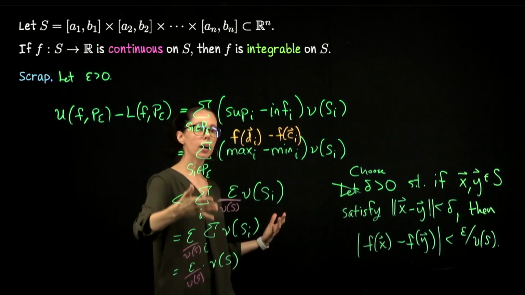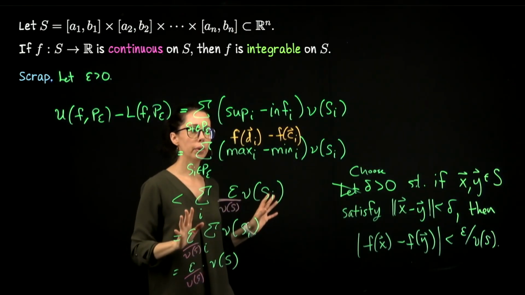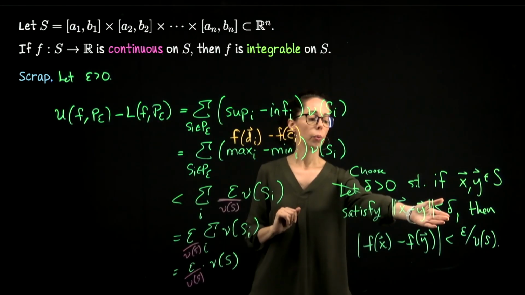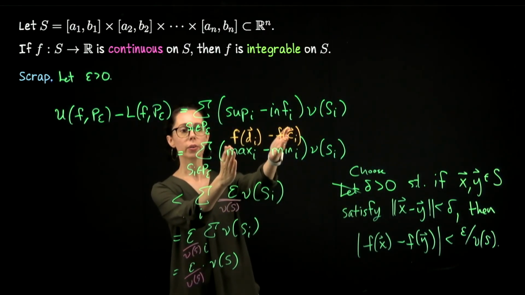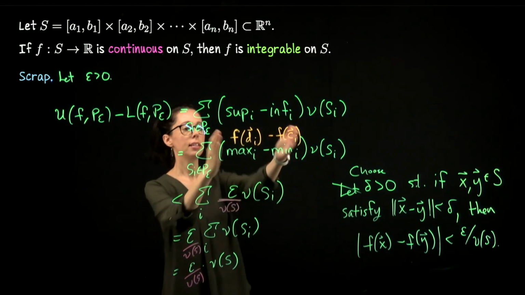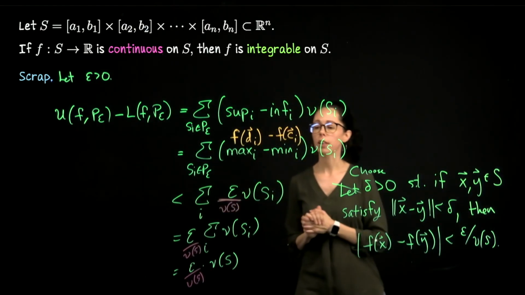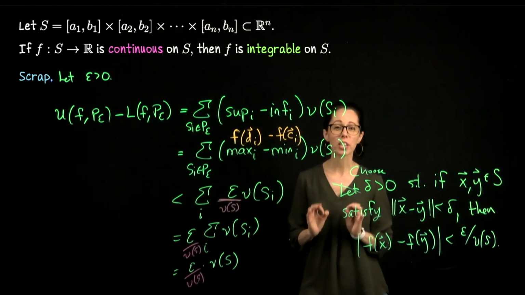What we will do is make our partition so that the subrectangles are small enough that any two inputs from the same rectangle are within this distance delta of each other, which means that this difference here, which is greater than or equal to 0, because this is a max and this is a min, so this difference won't be negative, will now be less than epsilon divided by the volume of the entire rectangle S, and then that will work out to show us that our partition is good enough.